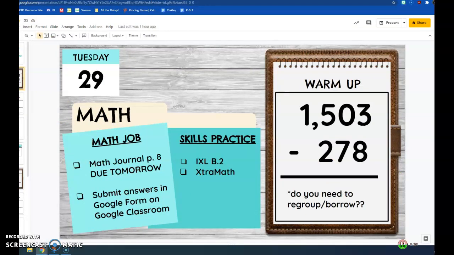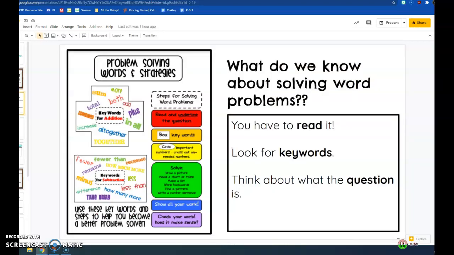What are those things that we need to keep in our mind and remember when we are doing our word problems, okay? So first of all, we need to remember that we have a great resource at our house. It was in your math take-home packet that you got with materials pickup. Some really good key words for our word problems.